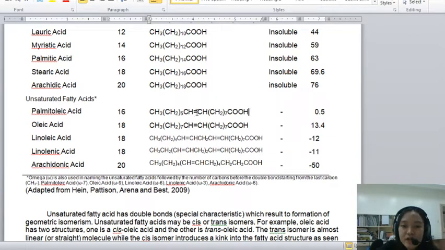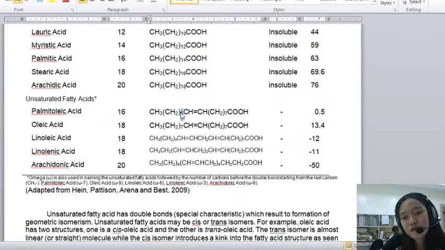Doon sa, diba, you have your double bond here. Always count the number of carbon atoms before the double bond, the first double bond. So, on the left side, dito you have CH3, 1 carbon atom, another CH2 carbon atoms, and then CH2 enclosed in a parenthesis.